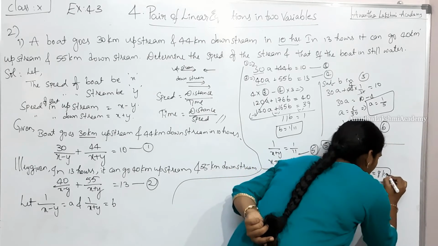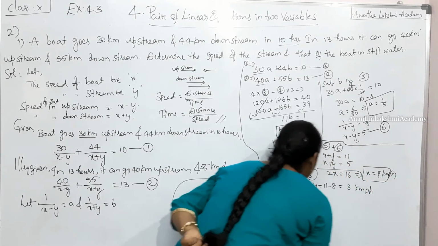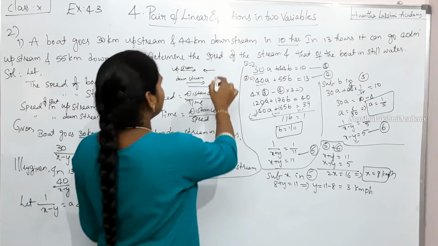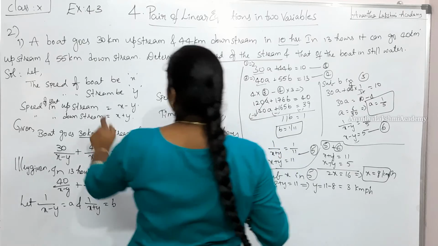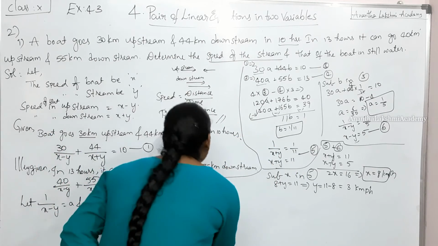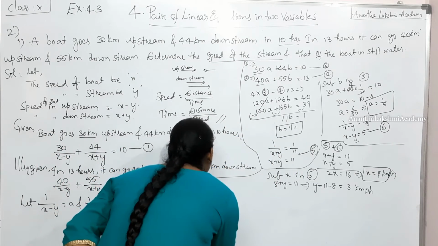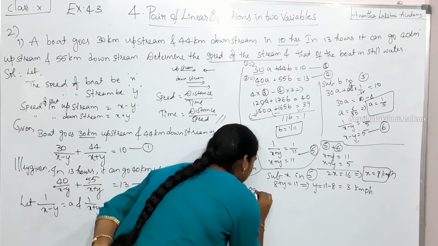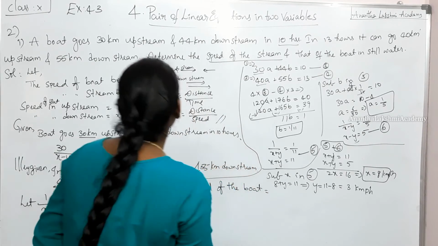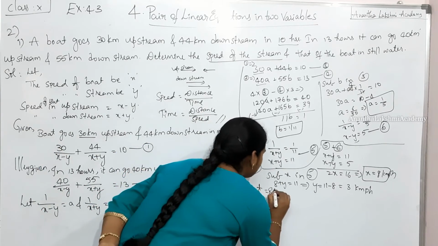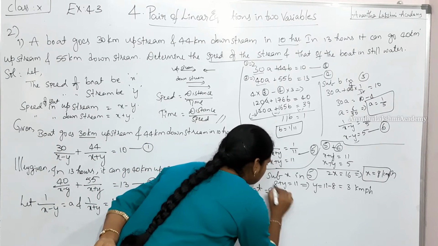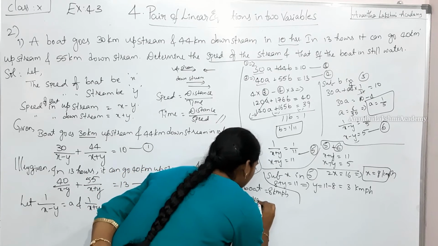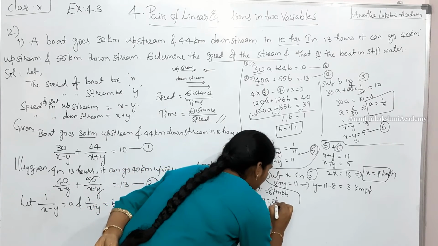Since they are assumed to be the speeds, this is nothing but 3 kilometers per hour and 8 kilometers per hour. So the speed of the boat is x, that is 8 kilometers per hour, whereas the speed of the stream is equal to 3 kilometers per hour.